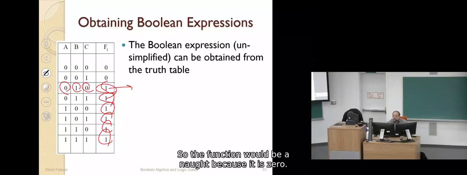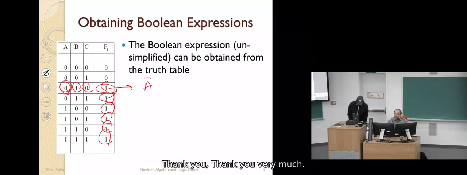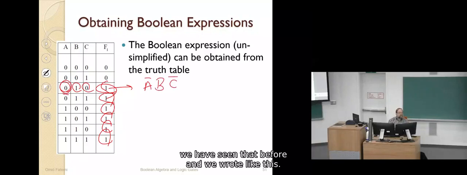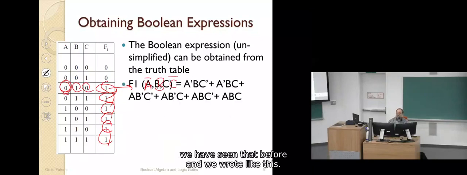So the function would be A naught, because it is 0, B, and C naught, and the rest we have seen before. So the function would be 6 terms: 1, 2, 3, 4, 5, 6 products have been summed together.